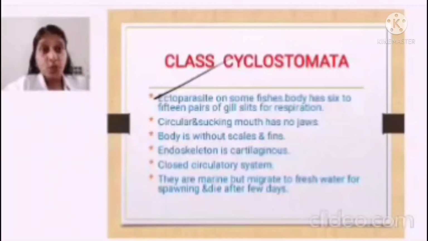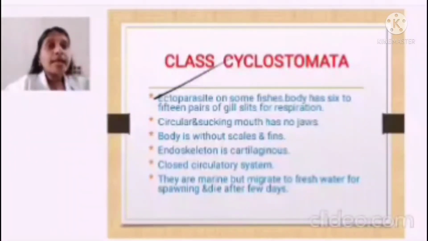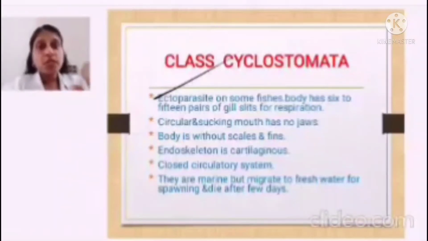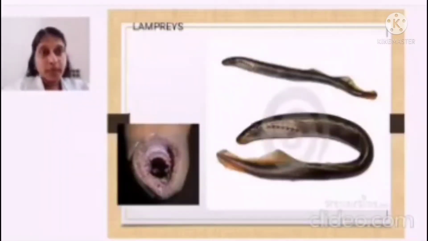Another one is endoparasite: they live inside the body of the host and take food from it. If they take nourishment from outside, we call it ecto. Like ectoparasites, they live on some fishes, and the body has 6 to 15 pairs of gill slits for respiration.